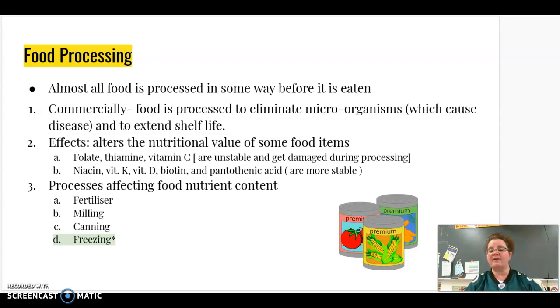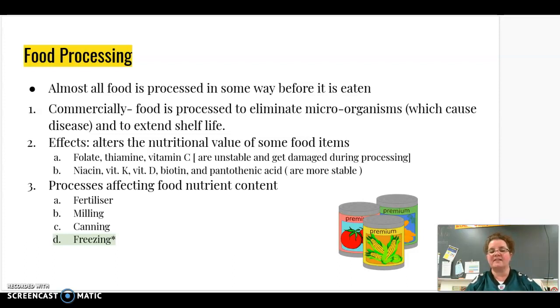If you think about commercial food that you buy in the grocery store, commercially manufactured food, those food products are processed for several reasons. One would be to eliminate the microorganisms, which could cause disease or illness. The other is to extend the shelf life of the product so that it can be stored in the grocery store or even in your pantries at home for a length of time.